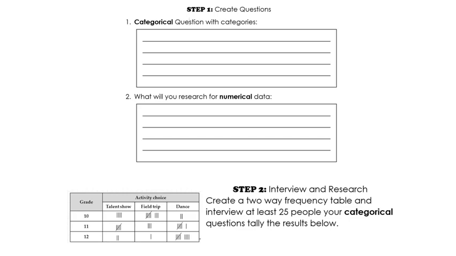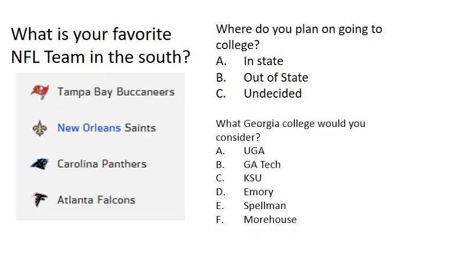Now, in your step two, you are your interview and research. Create a two-way frequency table and interview at least 25 people. Your categorical question, tally the results below. So, want to make sure you are asking the question and recording your tallies. Now, as far as your categorical data, if you ask a question and you give them specific answers that they can give.